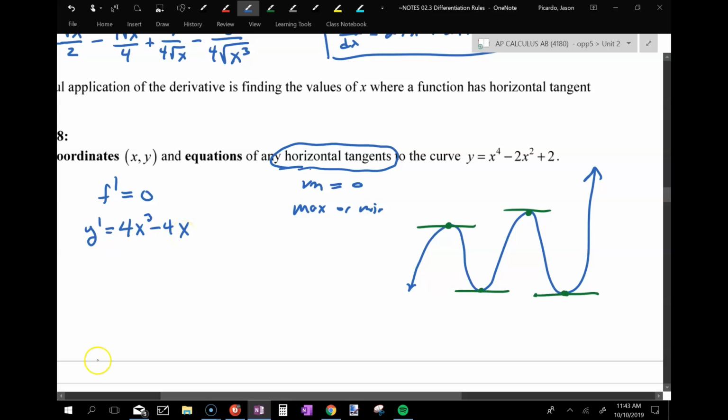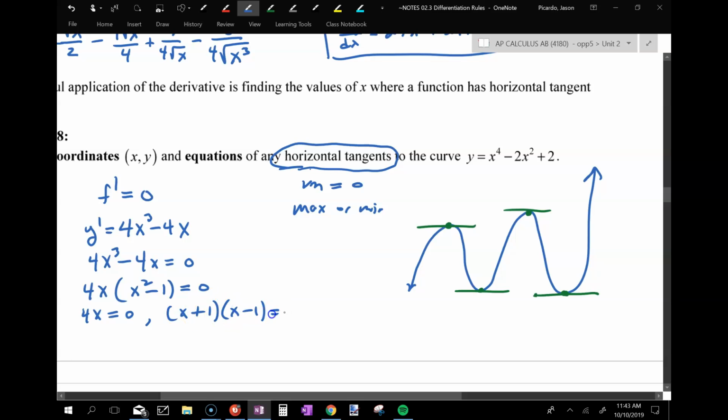And I want to know where that equals 0. So I'm going to factor out a 4x, and I have solutions of 0 and positive or negative 1.